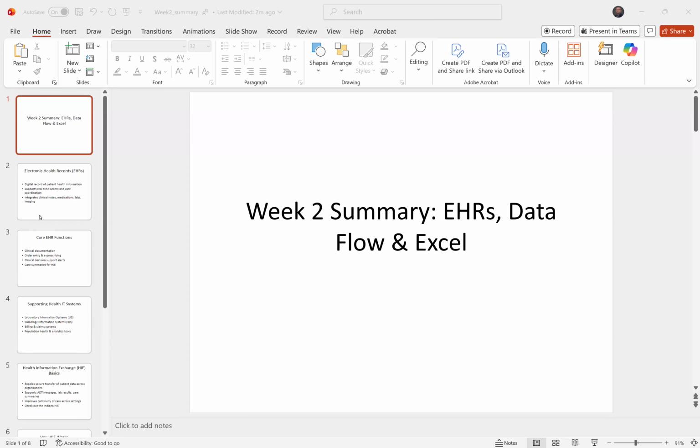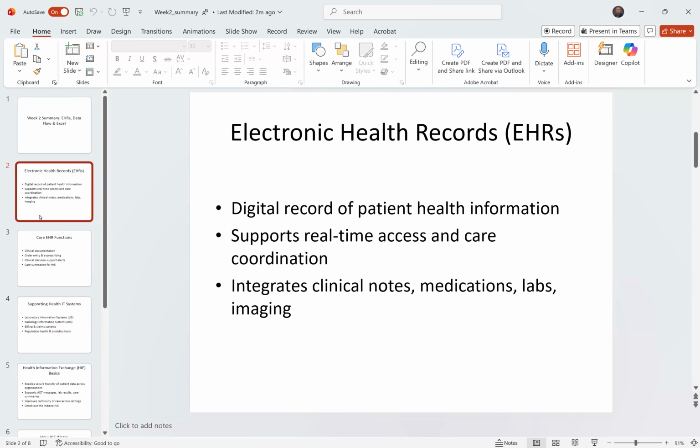Okay, so at the heart of where data is stored in our healthcare system, we come to EHRs, electronic health records, which is really meant to store patient health information. It's the digital record. I'm not sure if any of you remember paper records.